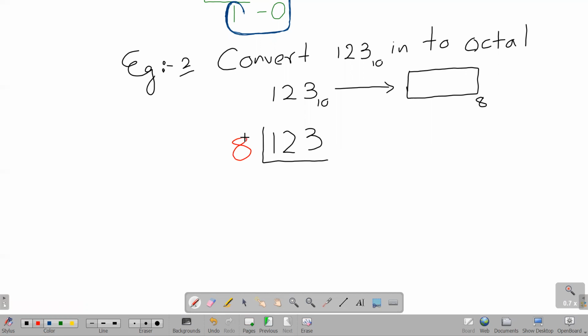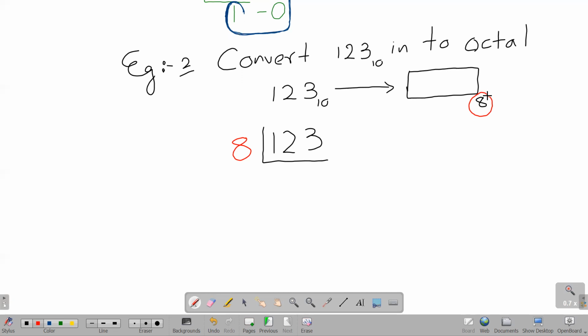Why are we dividing by 8? Because we are converting this into an octal value. I think now you are getting the pattern. When a decimal is converted into binary, it is divided by 2, and when a decimal is converted into an octal, it is divided by 8.